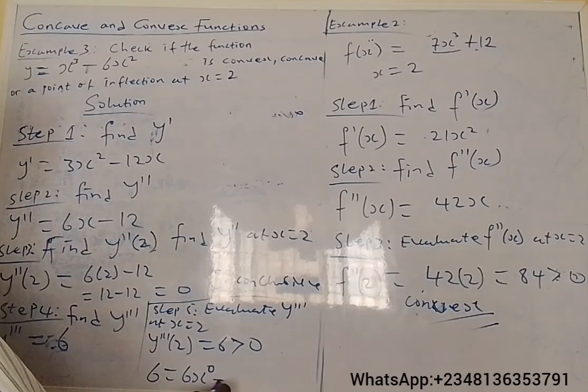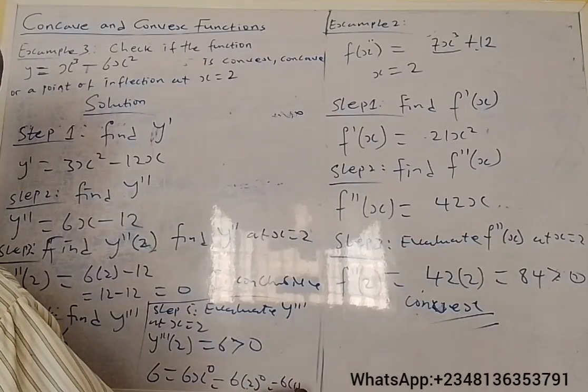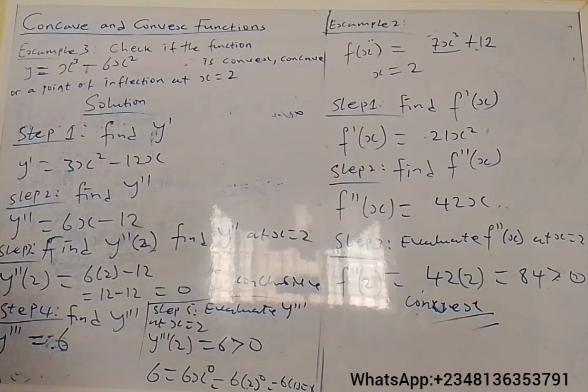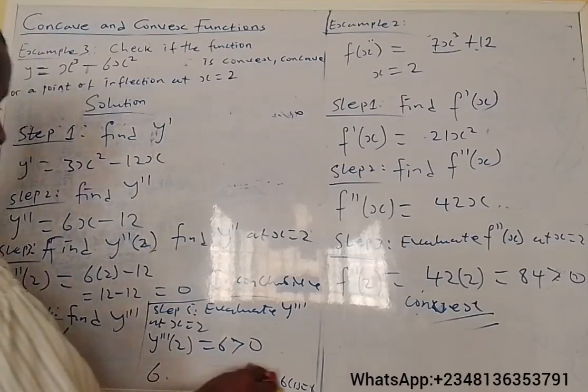So if you plug in 2 into 6x raised to 0, 2 raised to 0 is 1, so we have 6 times 1, which is 6. So that is why when your function only has a constant and you evaluate at a particular point, your answer is going to be equal to that constant. That is what we did here.